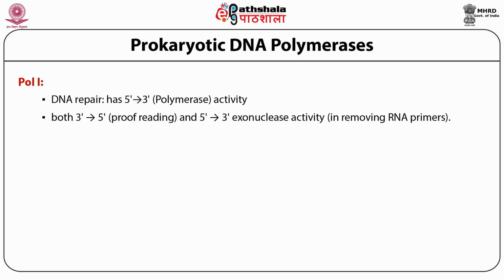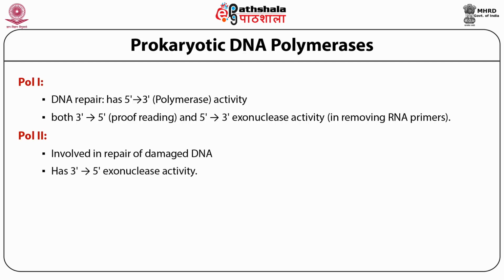So this is the function of DNA polymerase 1. DNA polymerase 2. This is also involved in the repair of damaged DNA. It has 3' to 5' exonuclease activity, 5' to 3' polymerase activity. However, it does not have any 5' to 3' exonuclease activity.